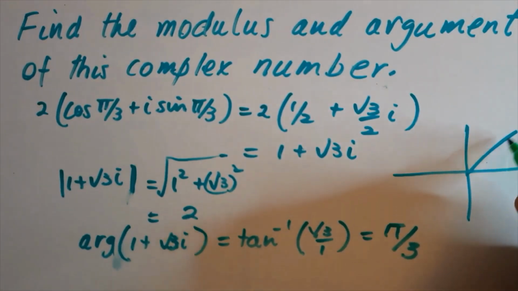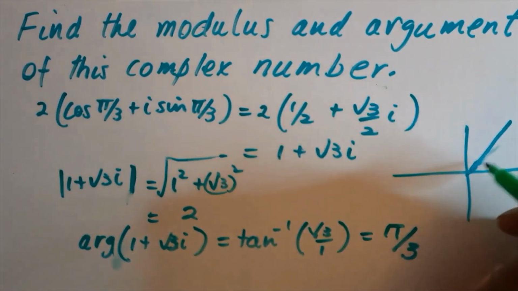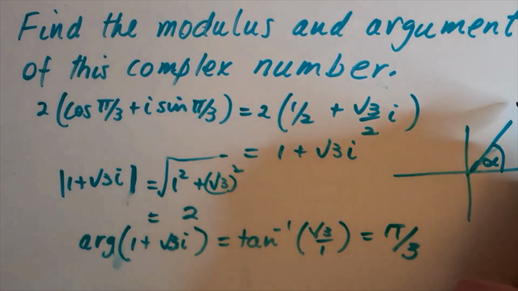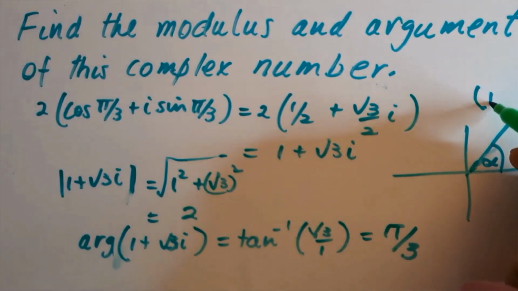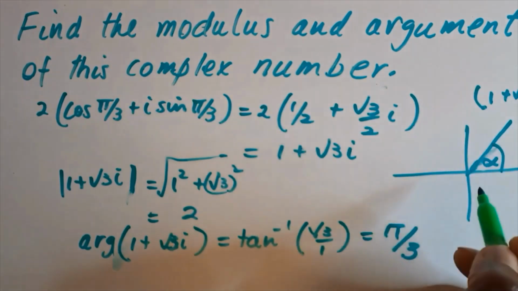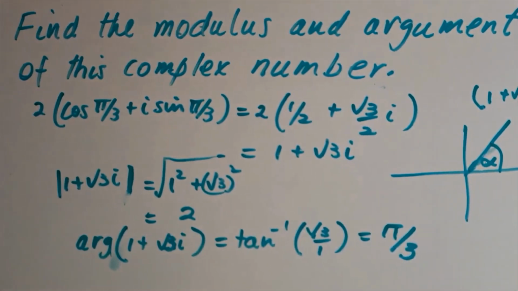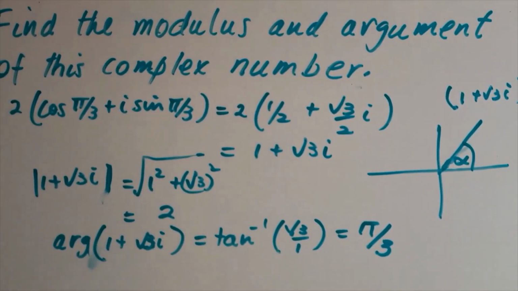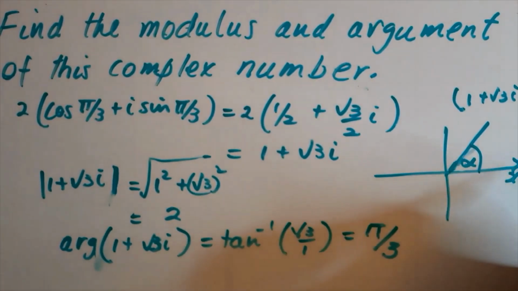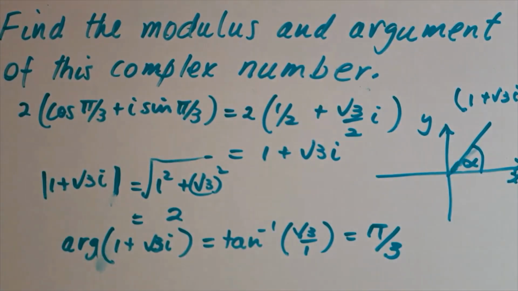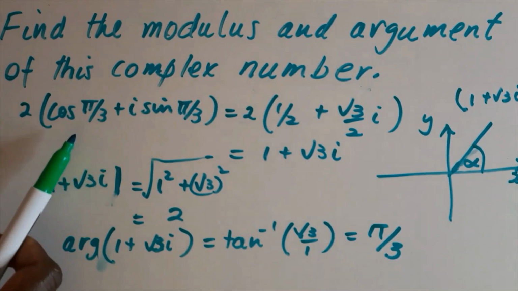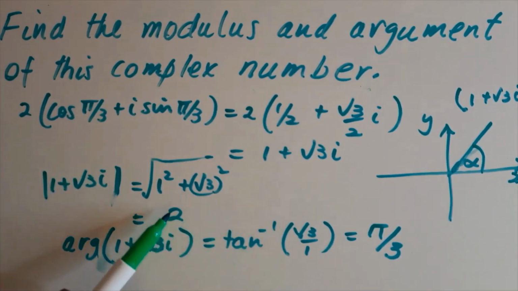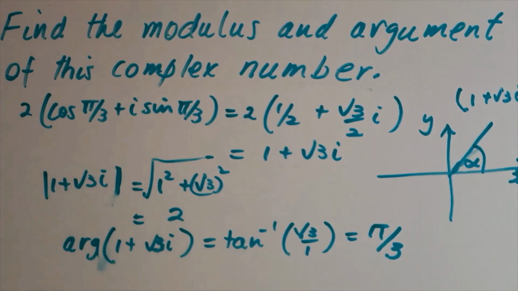Let's call this angle alpha, and this is 1 + root 3 i, on the x and y axes. So there we have it. The modulus of this complex number is 2, and its principal argument is pi over 3.